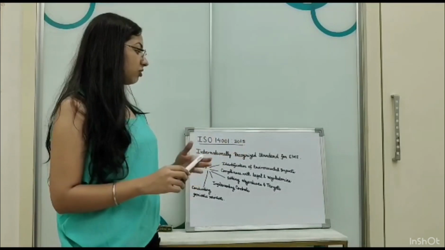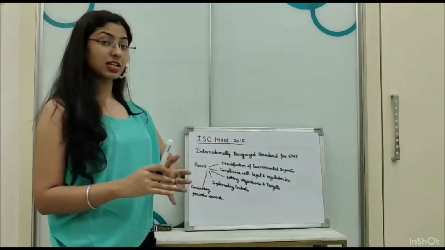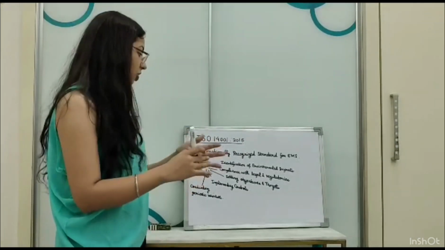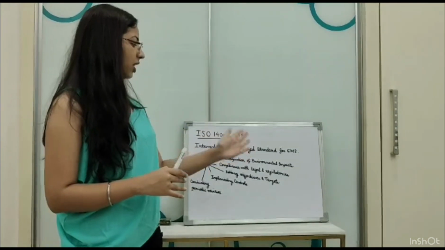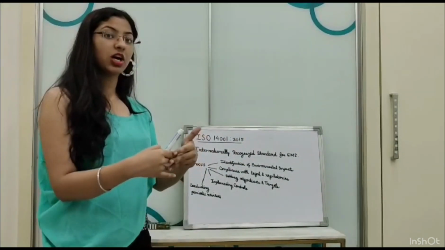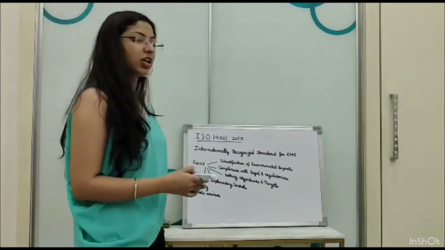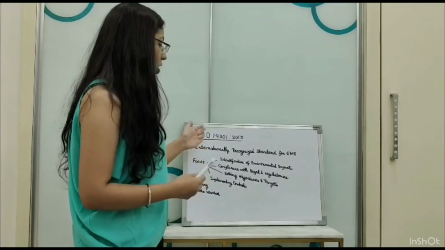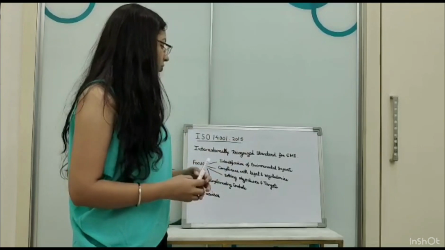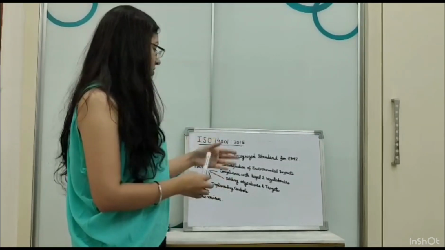That means identifying what impacts it has on the environment in general. Also compliance with the legal and regulatory frameworks, whether the organizations are complying with the legal requirements and regulations that are to be followed. Next is setting the objectives and targets for the standards.